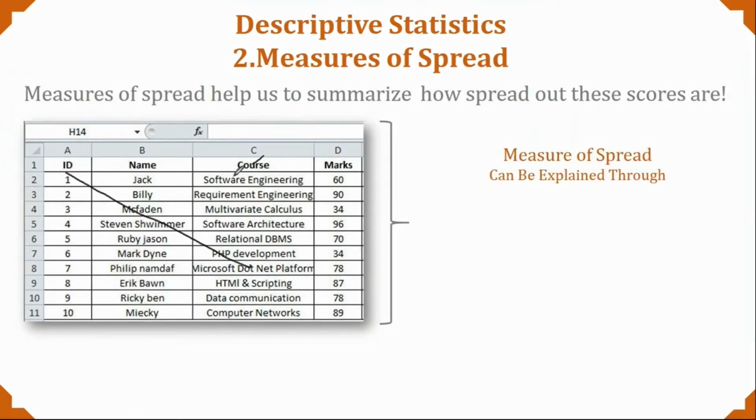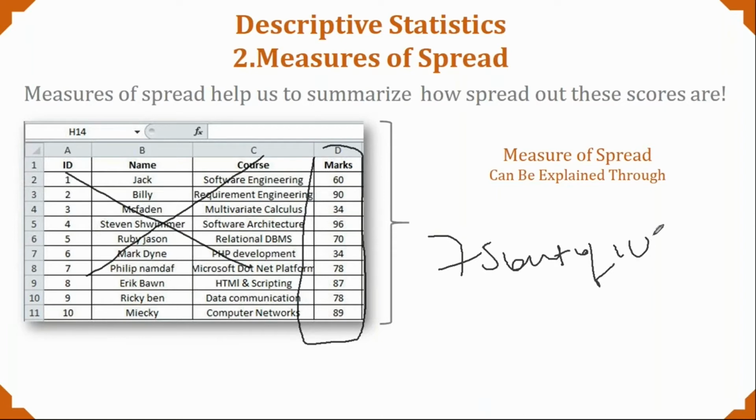Don't look into all this stuff, I just got it from a Google source. Take only the marks here. The mean score of 100 students may be 75 out of 100.